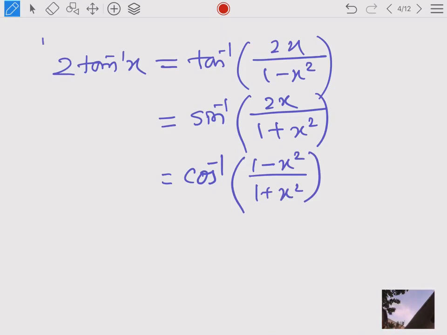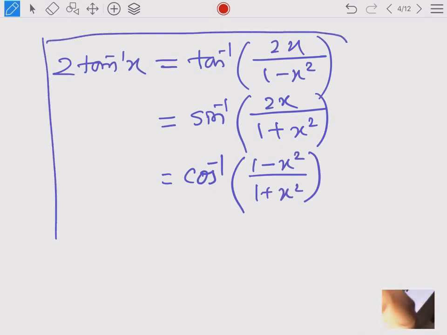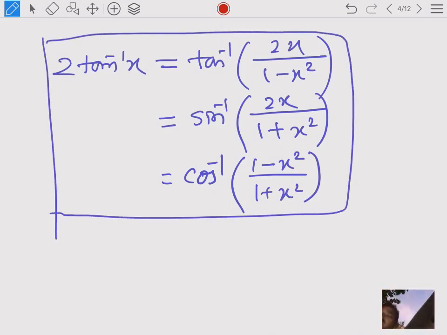And this is a very important property, and it will definitely be useful in many differentiation questions, many integration questions, and many questions based on inverse trigonometric functions. These are very important formulas.